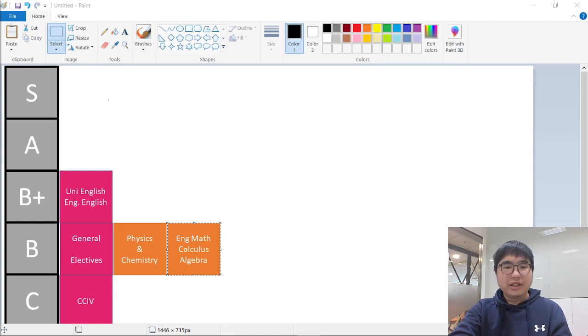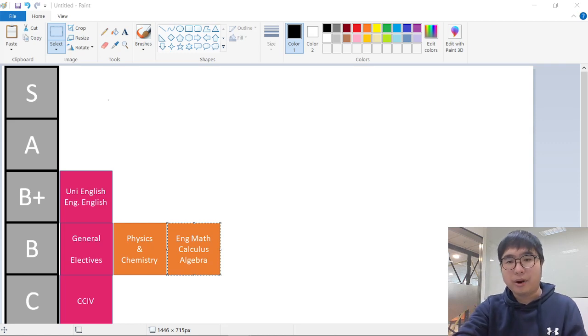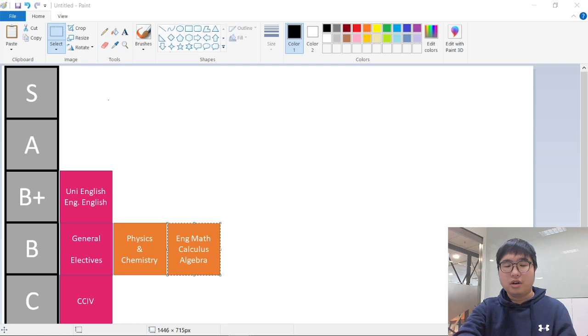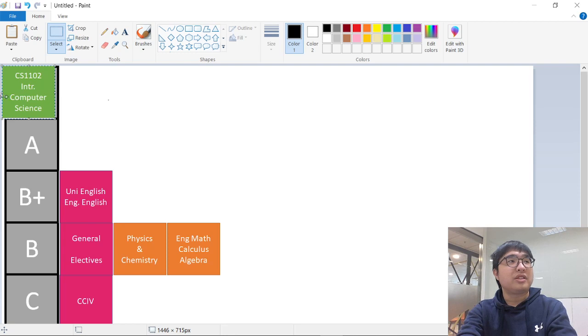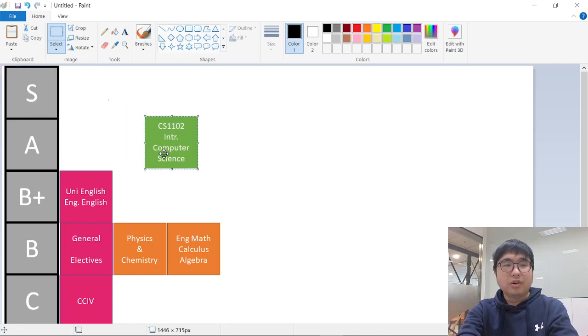Yeah. So next up, we'll go to the computer science courses. In electrical engineering, we have three different majors. For my major, which is information engineering, you do have to take some computer science courses. The first one that I will introduce is CS 1102. This one is pretty weird.